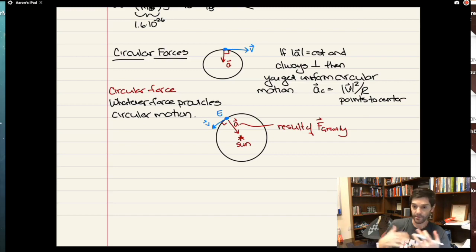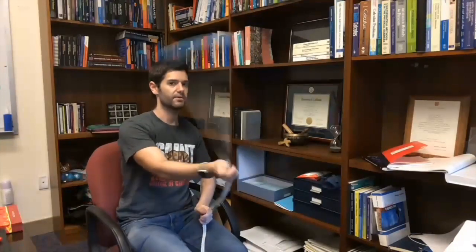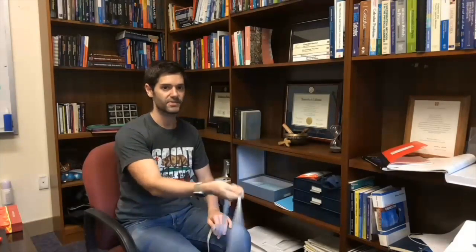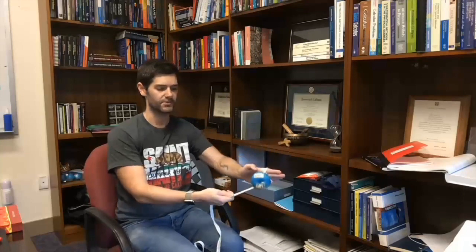So in this case, the circular force is just gravity. Gravity is what's causing you to move in a circle. When I have this ball, and I spin the ball in a circle, it is undergoing circular motion. Therefore, there must be some center-seeking centripetal force that is causing that acceleration.